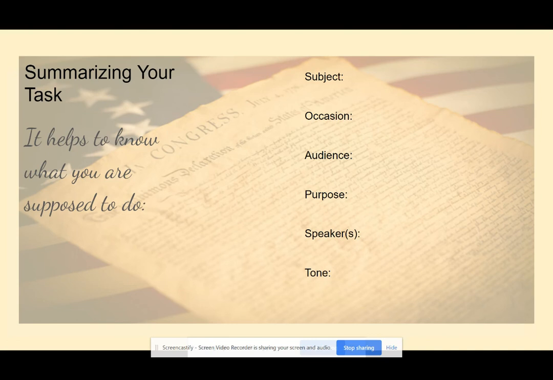So, good. What should your tone be? Formal. Formal, good. Serious. Definitely respectful.